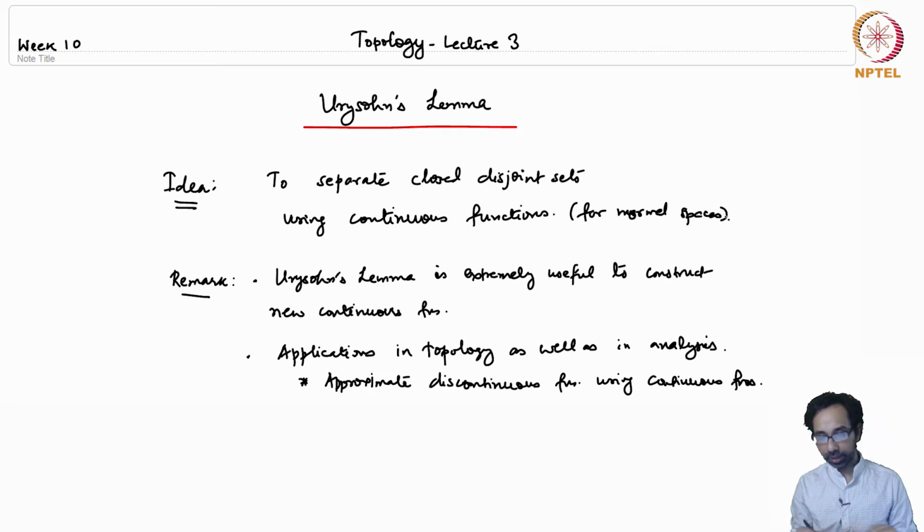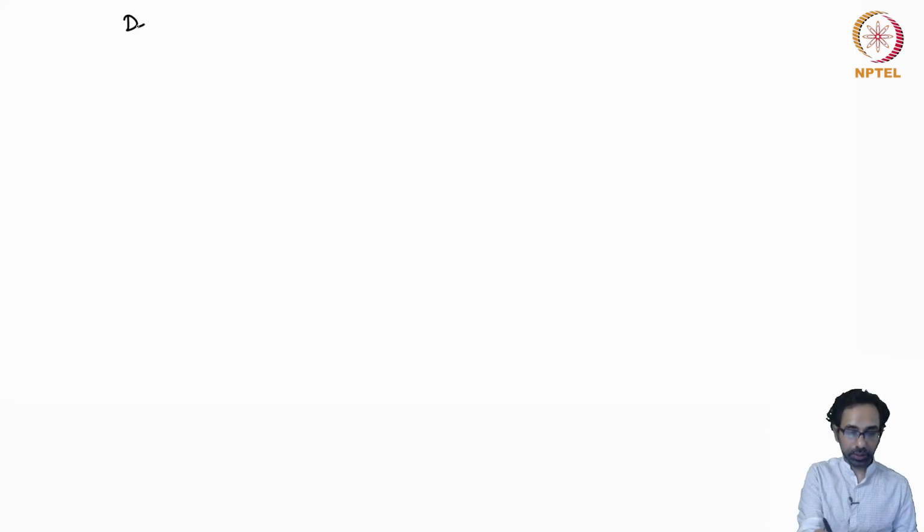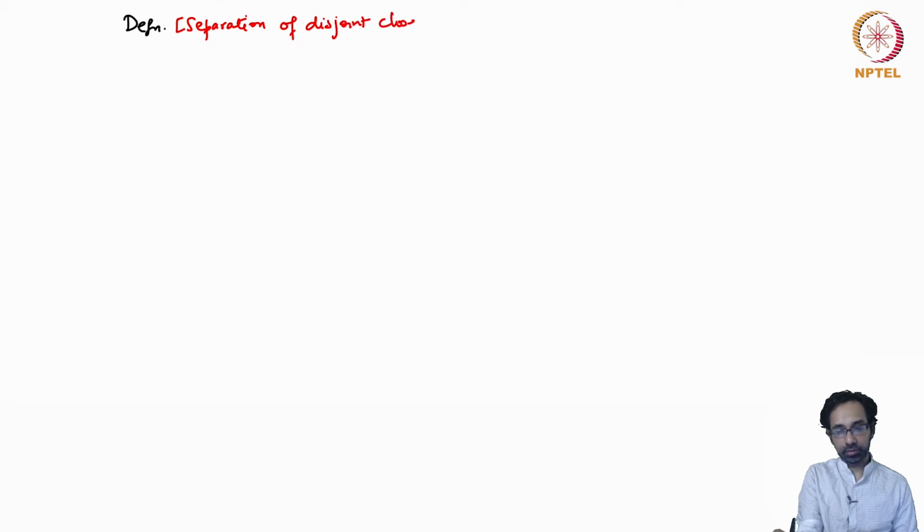And so now let me describe what I mean by separating disjoint closed sets using continuous functions. So let me give this as a definition. This is separation of disjoint closed sets using continuous functions.